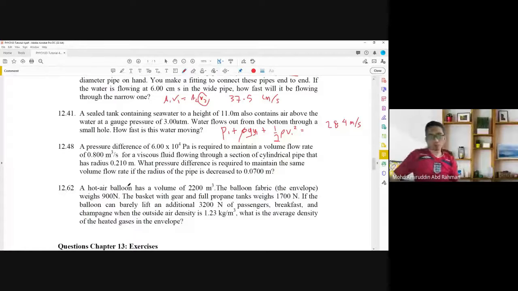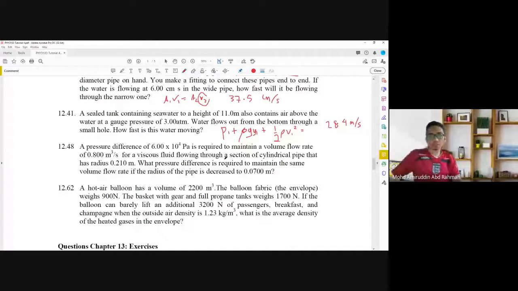All right, so for 12.48, we need to find out what the pressure difference is.